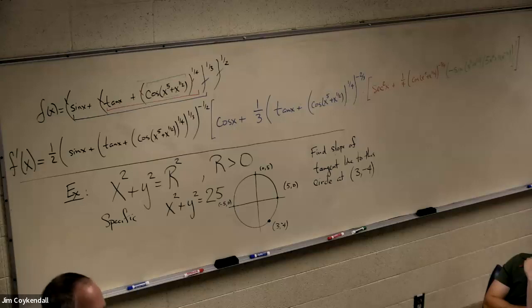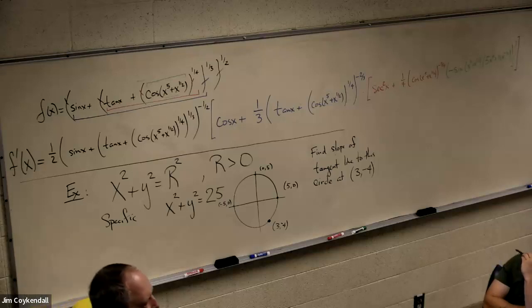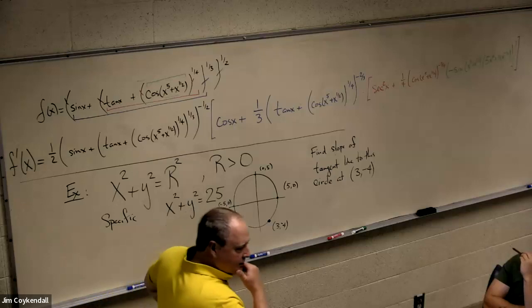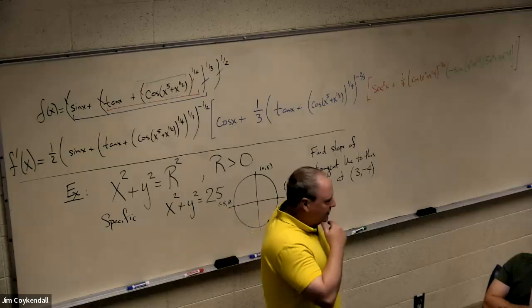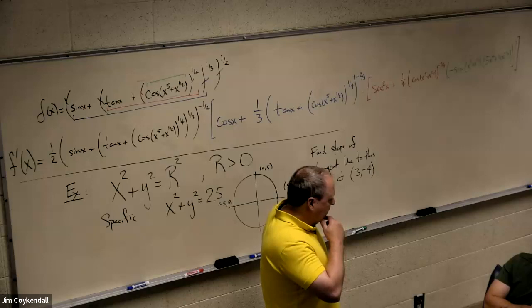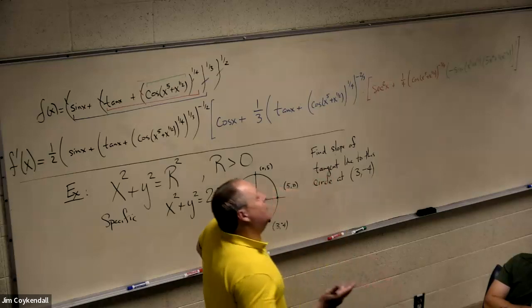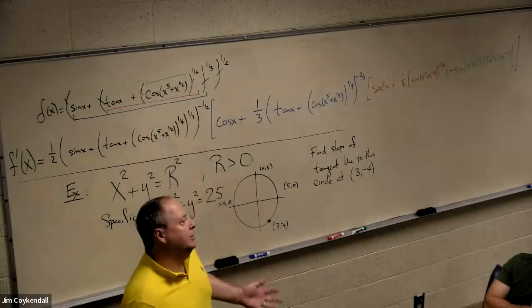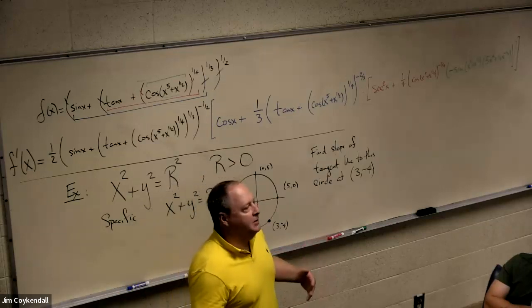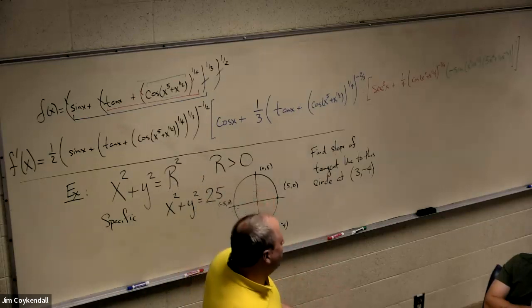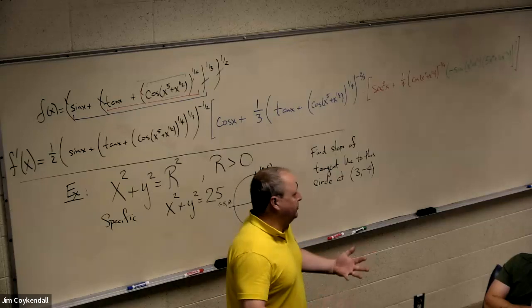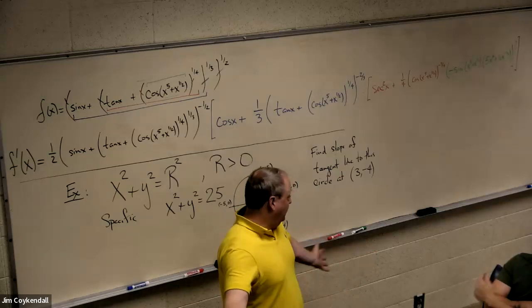My goodness, how do I do this? Here's one of your big problems. What is the tool that you use to find slopes and tangents? When you get these problems to do in 240, find the tangent line to the function at a point, find the slope of the tangent line, what jumps to your mind?